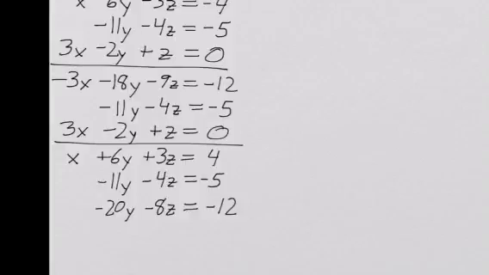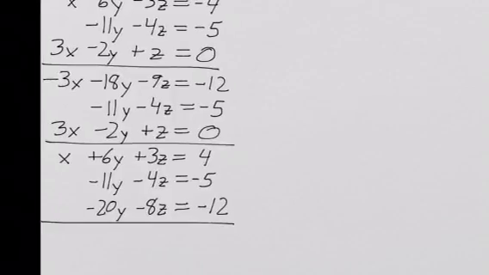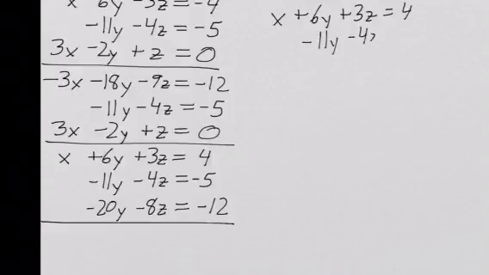So I get this system of equations now. And now I'm actually going to divide both sides of that third equation by -2. And come over here where I have more room to work, so I have x plus 6y plus 3z equals 4, -11y minus 4z is equal to -5.